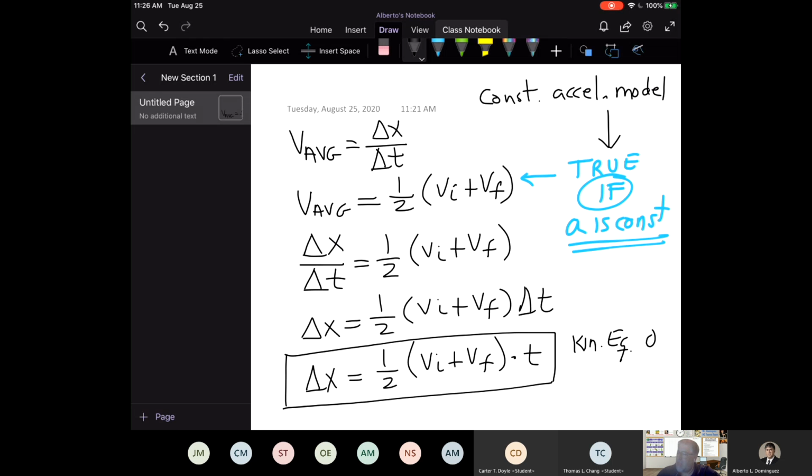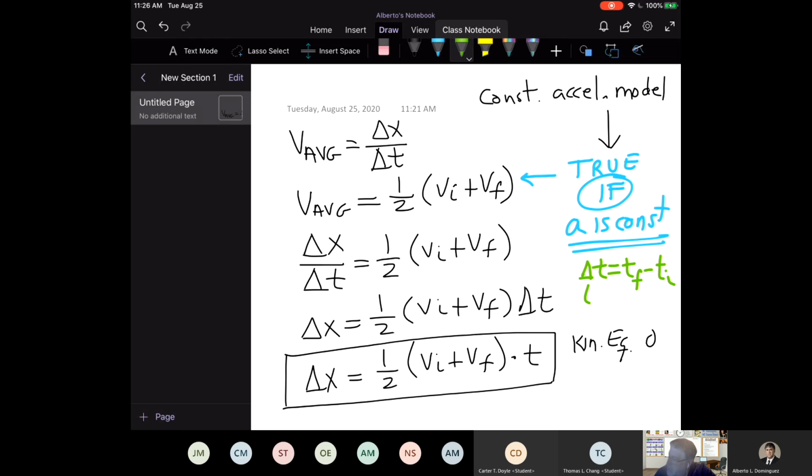Okay. And then just quickly as a sideline, the reason that I can use T instead of delta T is that delta T equals T2, or T final, minus T1, or T initial. Those are arbitrary, so I can pick whatever I want.